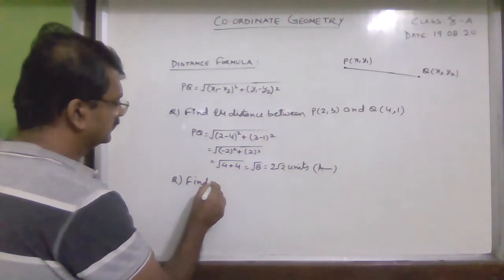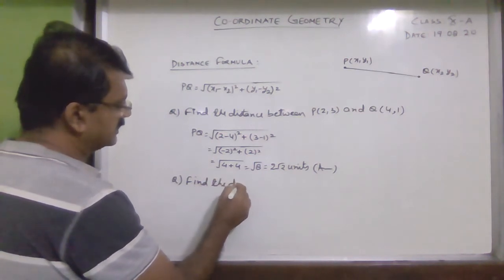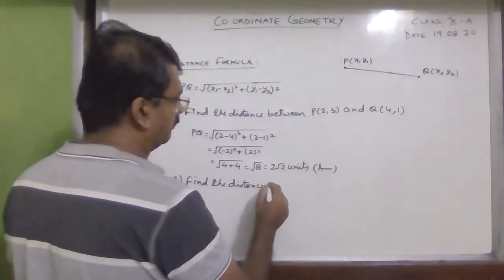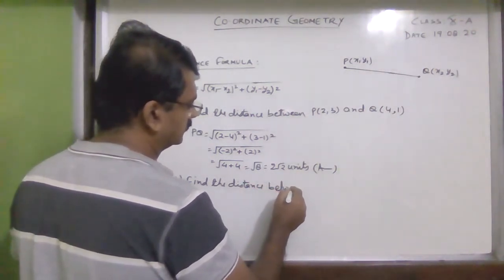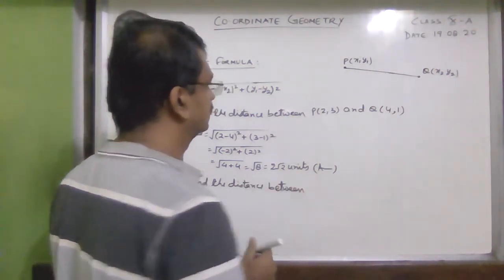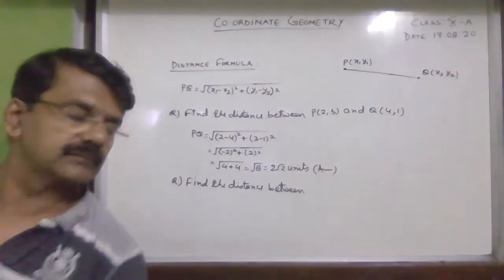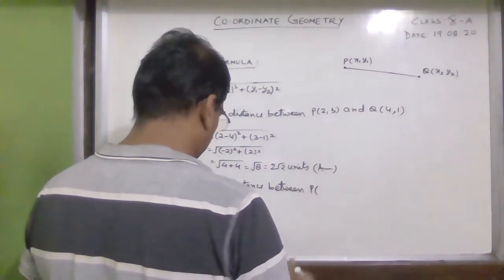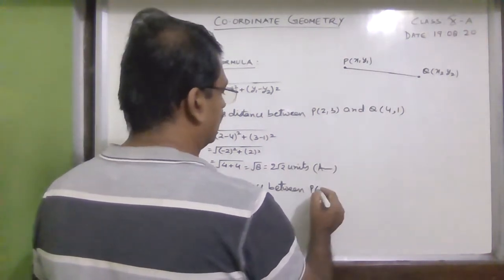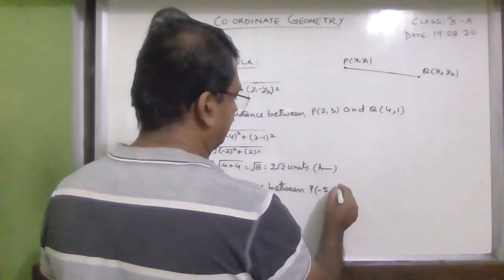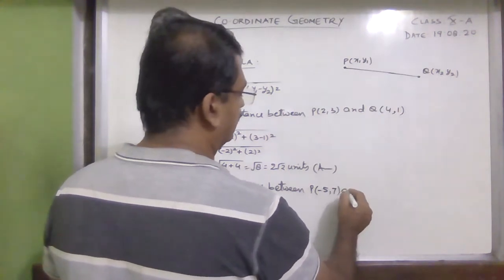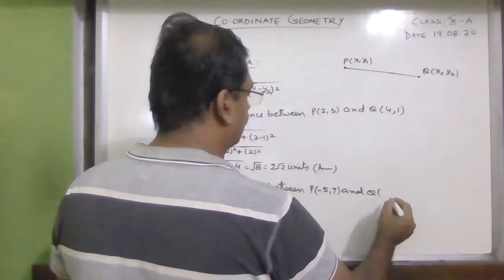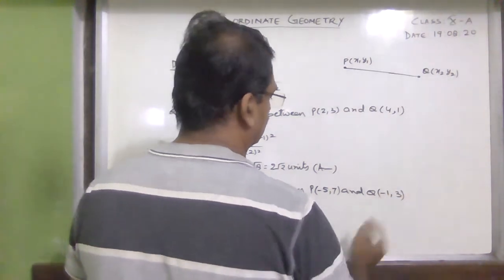Find the distance between the first point P is minus 5, 7 and Q is minus 1, 3.